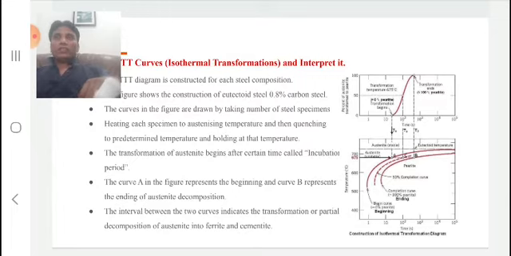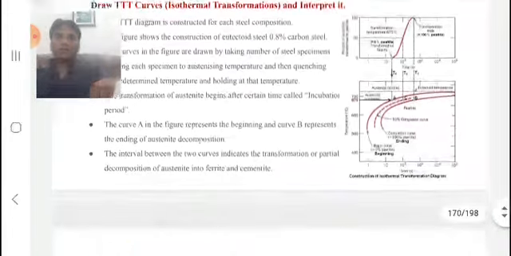For each and every curve, an S curve is formed, and that S curve is plotted on the C curve of the TTT diagram. That is how a transformation curve is formed.